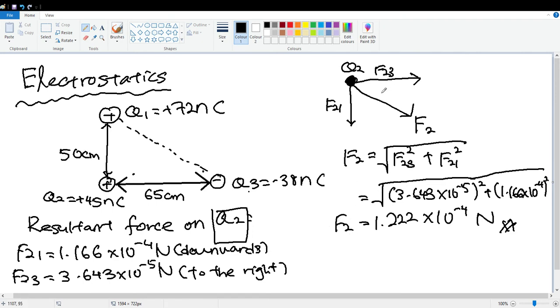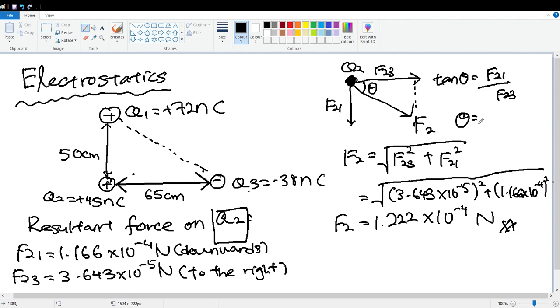So what about the direction? The direction is actually here, the angle. So what will be my angle? My angle basically is tangent. Tangent is equal to the opposite divided by the adjacent. My opposite, which is this one, is actually parallel to the F21. So my F21 divided by F23. So this shall be my direction.